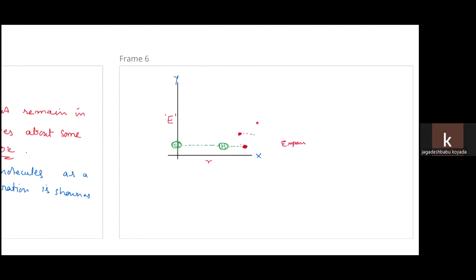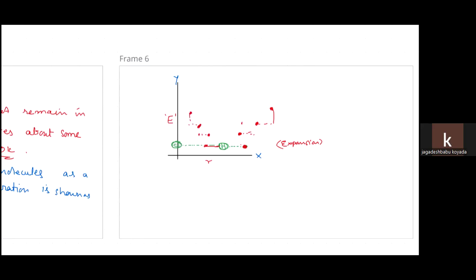Similarly, we can compress, so the internuclear distance will decrease. On compression, the energy also increases.